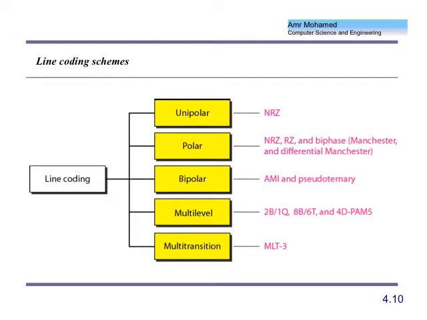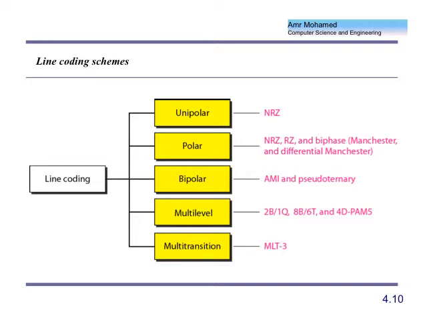Okay, so today we are going to discuss the line encoding schemes, and the line encoding schemes are classified into 5 categories. Each of these categories has one or more of these line encoding schemes. So quickly, the first one is the unipolar.